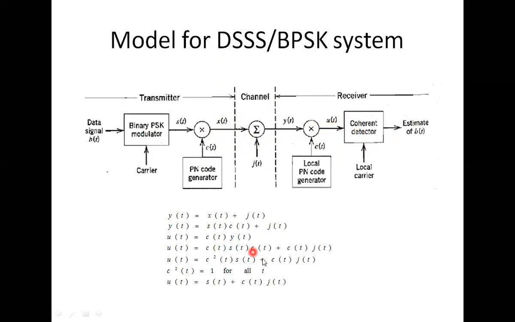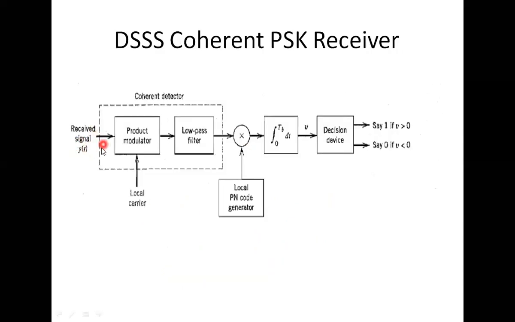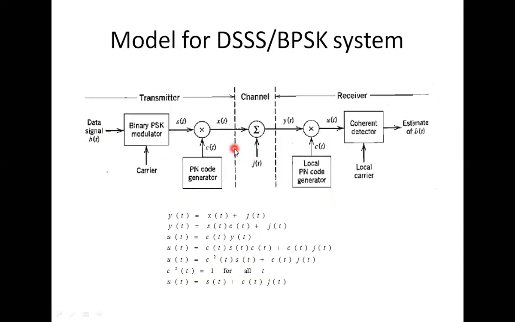So let us look at these in the equation analytically. Let's assume that y of t is x of t plus j of t, because earlier we assumed that this is exactly the same as x of t. So y of t is x of t plus j of t, and x of t is the product of s of t and c of t, correct, plus j of t.